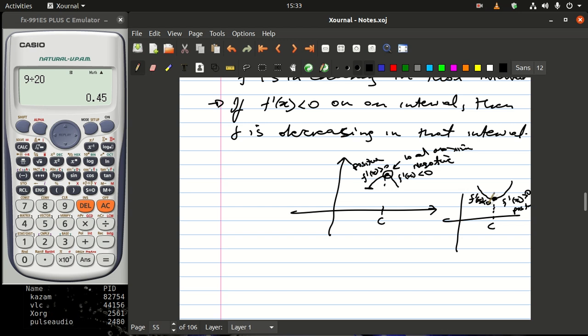The first derivative is changing its sign at this point, but now from negative to positive, whereas before we changed from positive to negative. Whenever you move from negative to positive, you must know that you have a local minimum. So we have a local minimum at that particular point C. That is what I want us to realize.